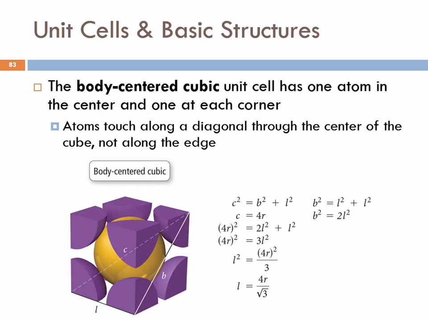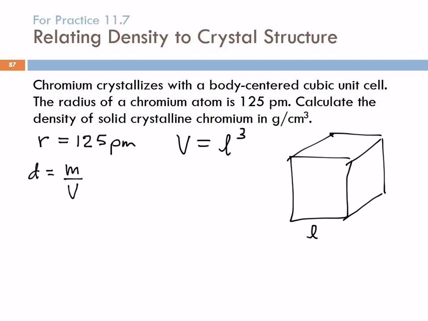On a body-centered cubic cell, the length of the side is 4 times the radius of the atom divided by the square root of 3. 4r over the square root of 3. So L equals 4r over the square root of 3. And we know what r is.